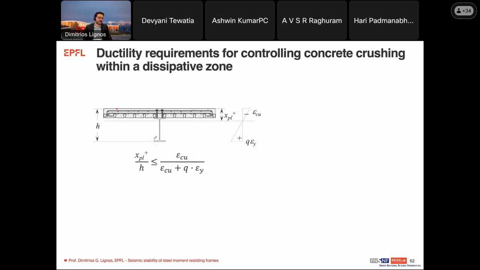Essentially, you would like the bottom flange of the beam to yield and be damaged prior to concrete crushing at the top. So in Eurocode, there is a relationship that tells you that if you're using a strength reduction factor of a certain value, that will impact what the dissipative zone will do. And obviously, that requirement is going to become more strict.